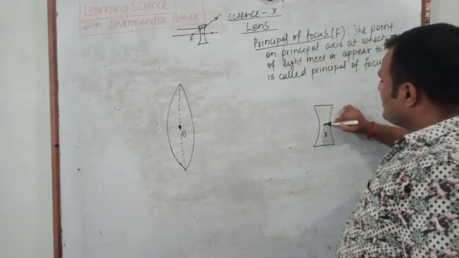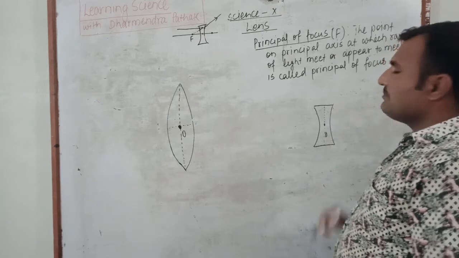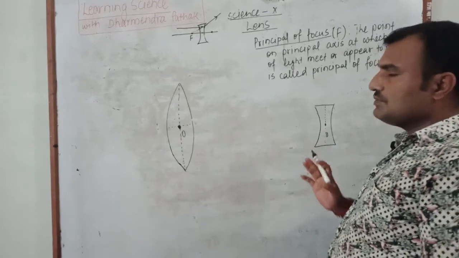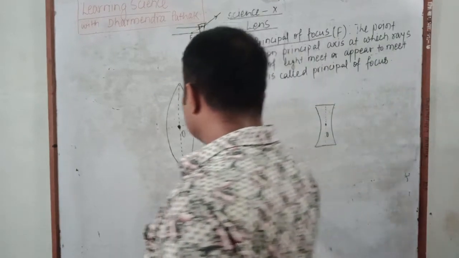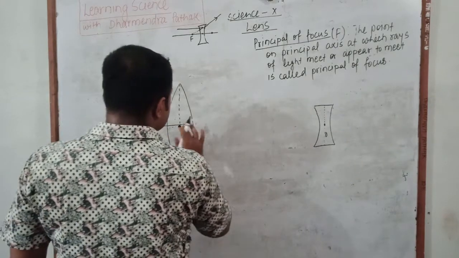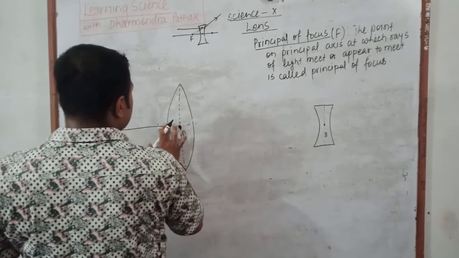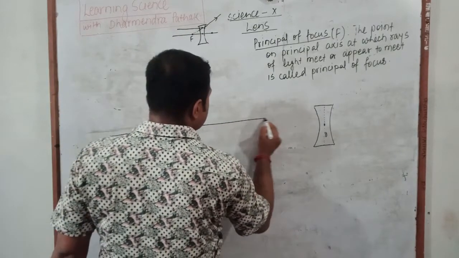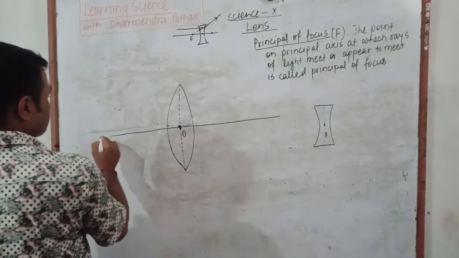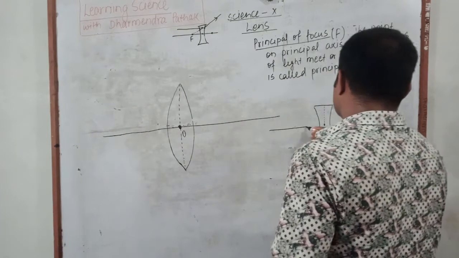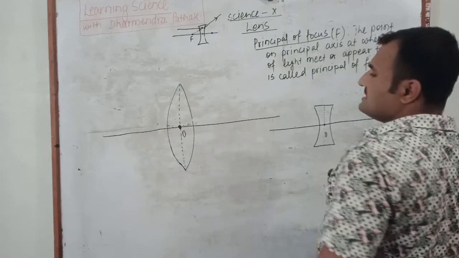And here we draw an imaginary line passing through optical center, which divides the lens into two parts. And then with the help of a scale, we draw a straight line passing through optical center. That line is known as principal axis. In case of both types of lens, we draw such an imaginary line.